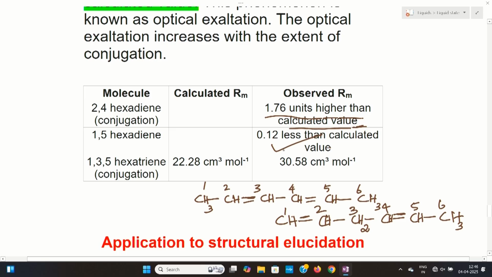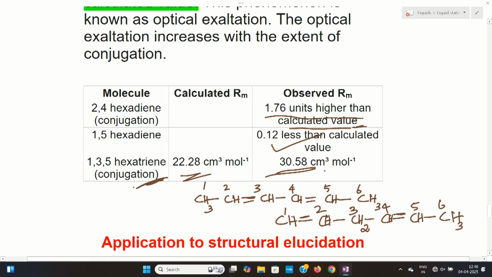But when we look into 1,3,5-hexatriene, there conjugation is present. There the molar refraction value was higher. The observed value was 30.58 centimeter cube mole inverse, but the calculated value was 22.28 centimeter cube mole inverse.